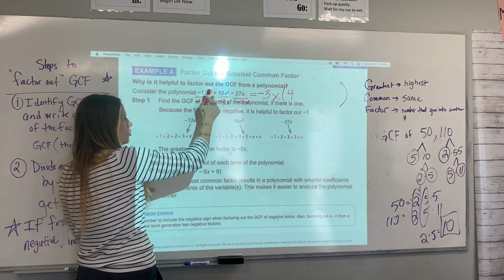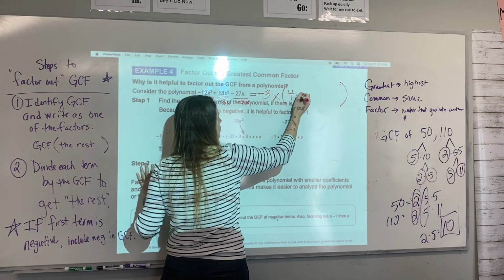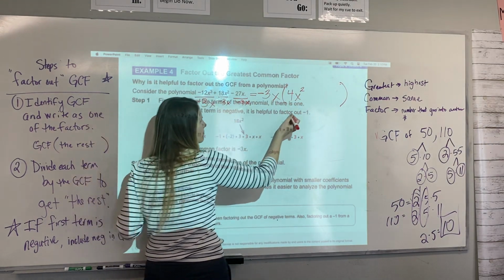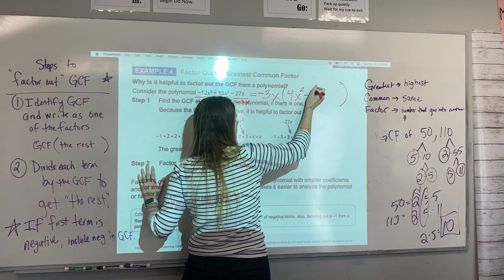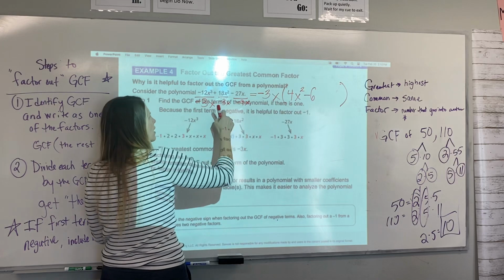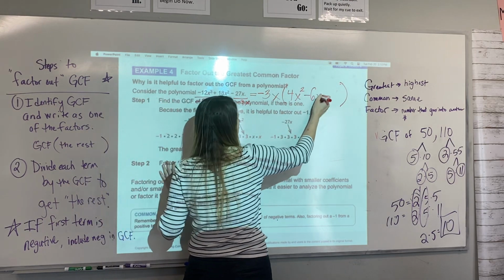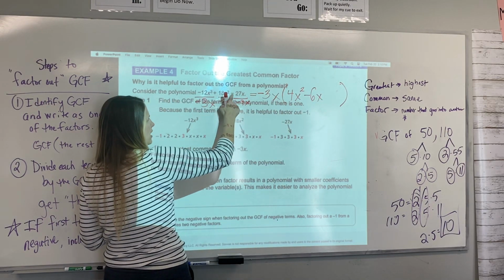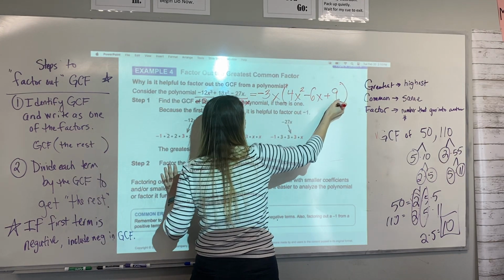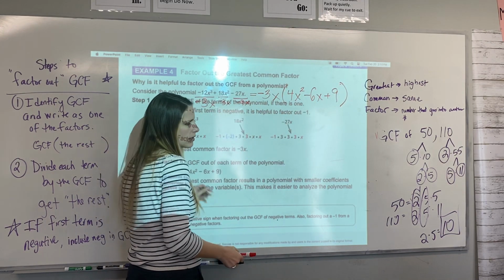And then x cubed over x, x squared. And then positive 18 over negative 3, negative 6. X squared over x, x. And then negative 27 over negative 3, positive 9. X over x, nothing. Gone.